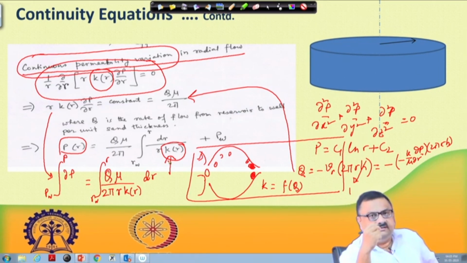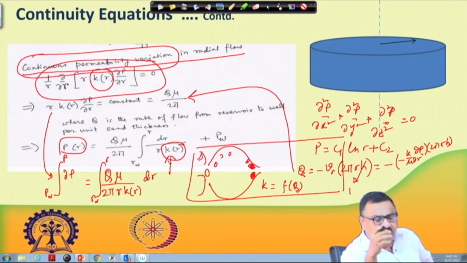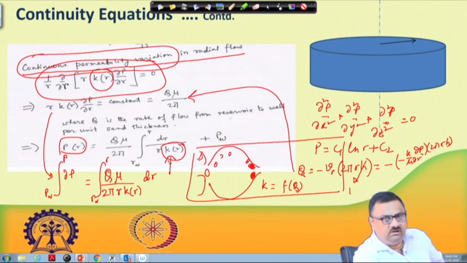We will discuss this in more detail, but if one considers a pseudo steady state situation, that means at a particular point permeability has already produced some kind of gradient, a permeability gradient is already imposed on this porous medium, and at that particular time under pseudo steady state condition, if somebody wants to know the pressure profile, this is the equation to get there.